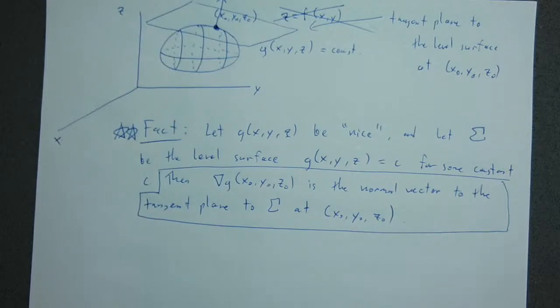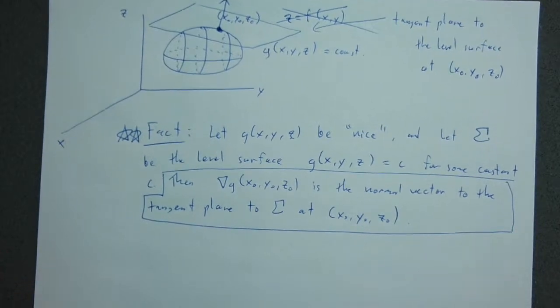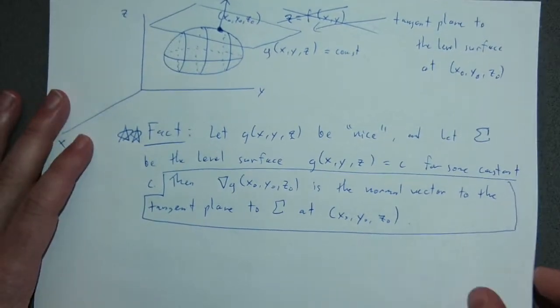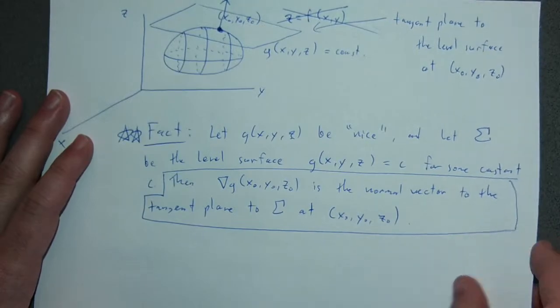Okay, and so let's do a quick example of this. Maybe I'll get a fresh sheet of paper so I don't have to change halfway through. So let's revisit that example we just did.